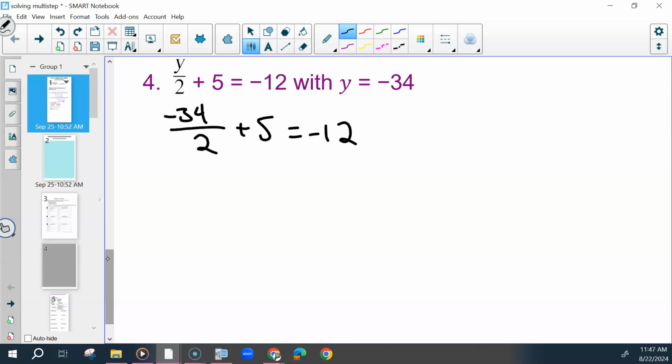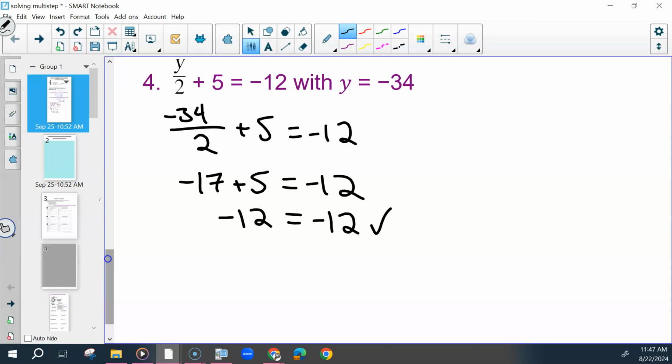And then we can divide the negative 34 by 2. Someone do that in their calculator. Tell me what you got. Negative 17, yes. Try not to forget your negatives, so we don't throw the whole answer off. And then if we add these two, negative 17 plus 5, what would that give us? Negative 12. So it is the same on both sides. It is a true statement. This was our solution.